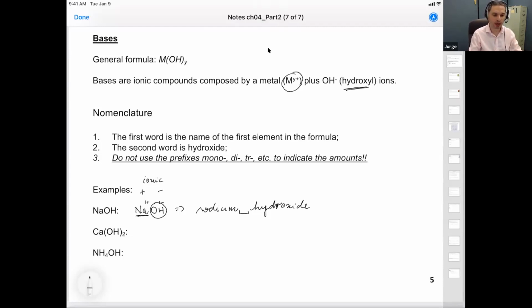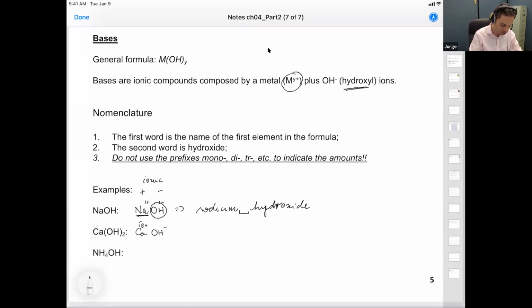So nomenclature for bases is pretty straightforward. Let's take a look at the second example, Ca(OH)2. That is the compound formed between calcium. Attention now, because calcium is from group 2, the charge is always going to be 2 plus. Calcium is bonded with OH minus.